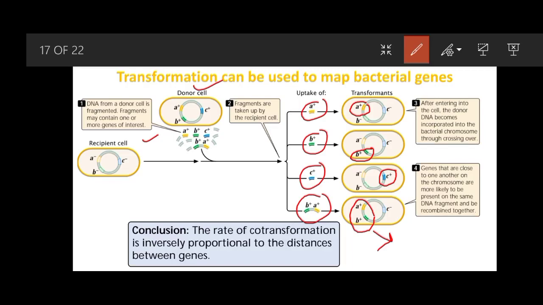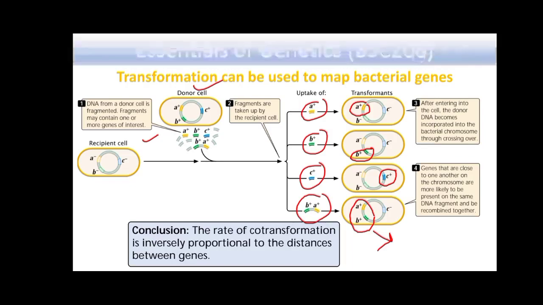When the distance is more, the rate of co-transformation will be less, and when the distance between two genes is less, the rate of co-transformation will be more. So in this way, the rate of co-transformation and the distance between the genes are inversely proportional.